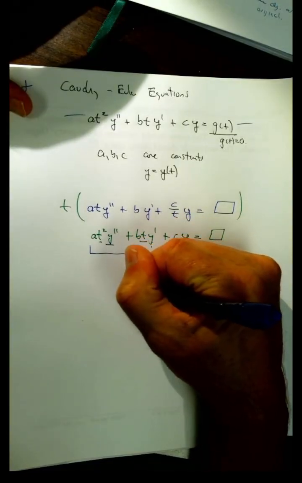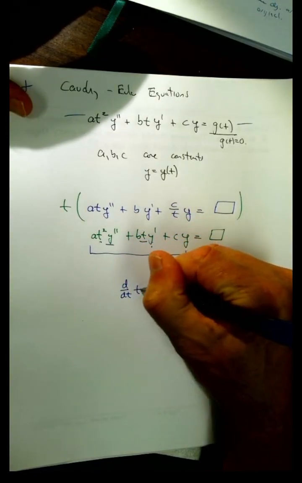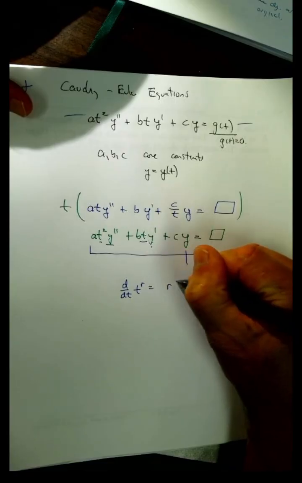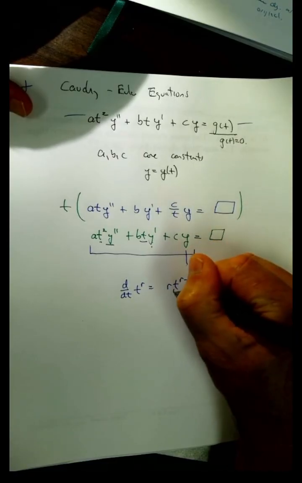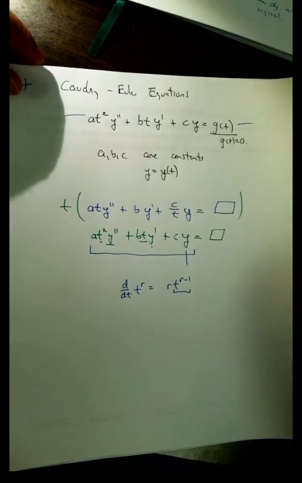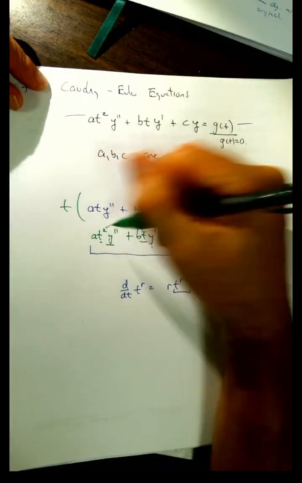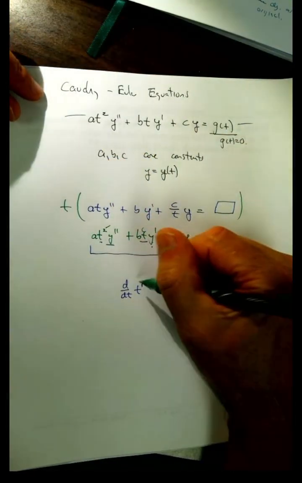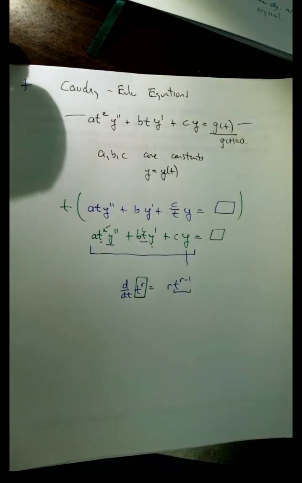The thing to recognize is that if I take t raised to a constant power, each time I take a derivative I reduce the power by one. Here I'm multiplying by t, and here I'm multiplying by t squared. So we're going to focus on this for our guess.